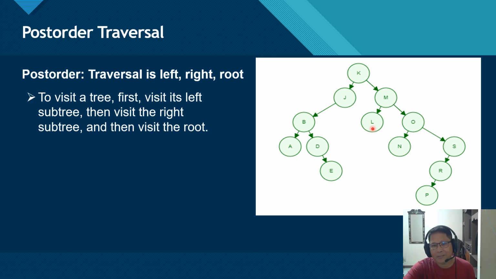Since there are many rights here, we will take this one, N, and then again we're going to the right. So let's proceed with P. And then followed by going up, R, then S, which is the root of these two, and then O, then M, and then the last one is K.